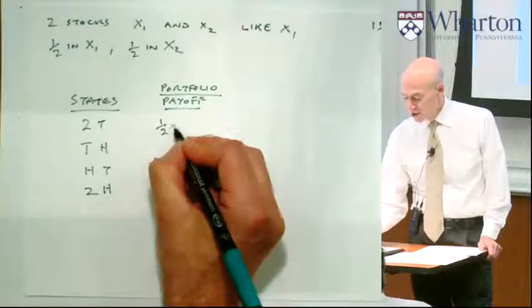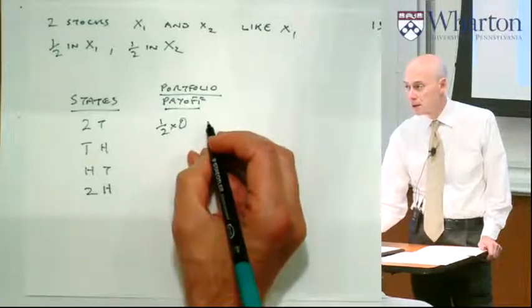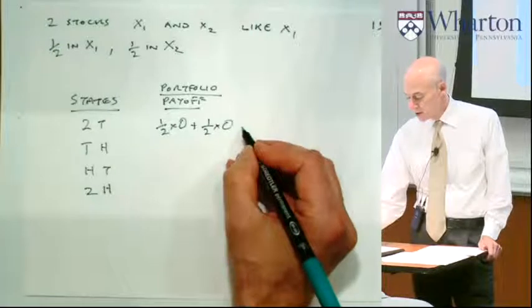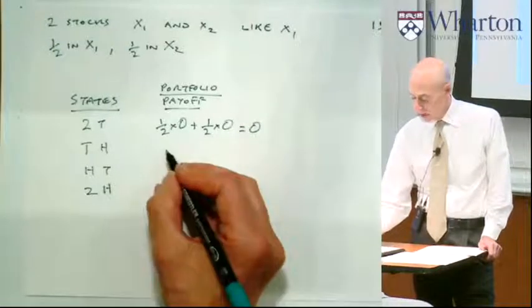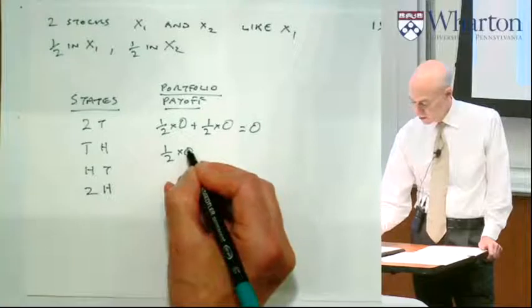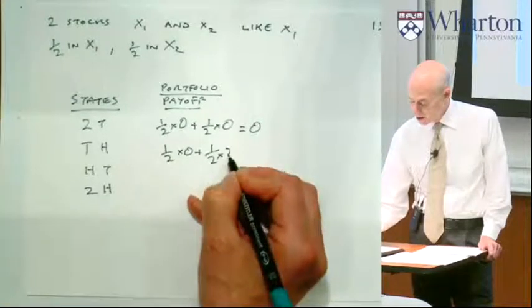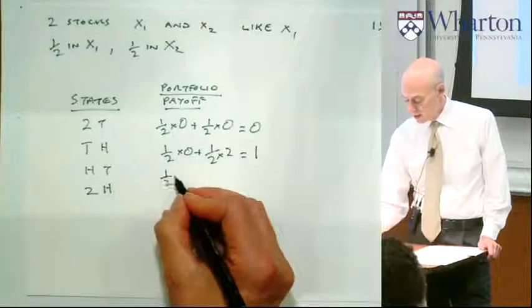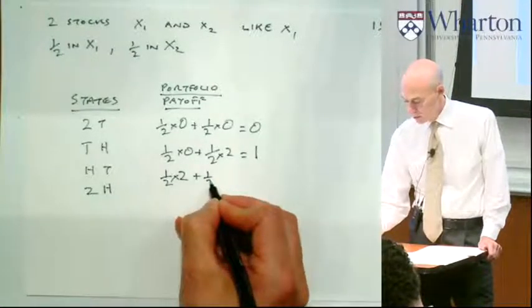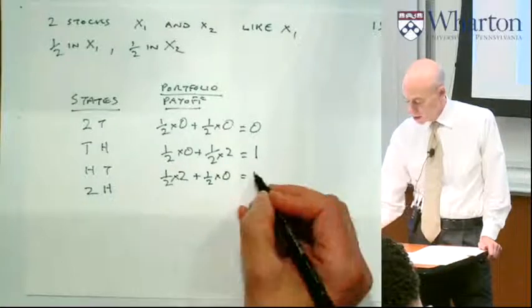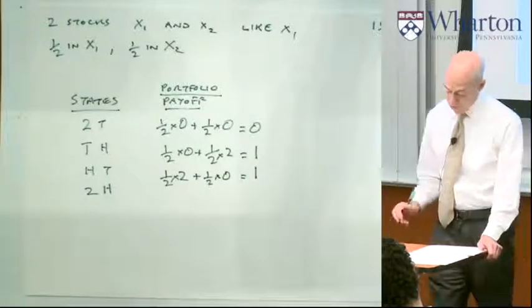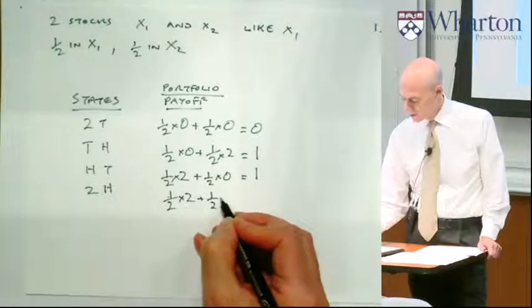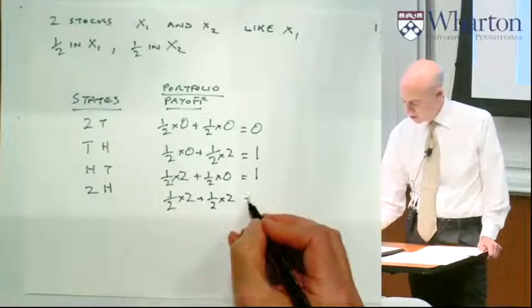You get two tails, you get how much? 0, so we multiply half times 0 plus half times 0, which is 0. Tail head is a half times 0 plus half times 2, which is 1. Head tail is the other way around, half times 2 plus a half times 0, which is 1. And two heads is a half times 2 plus a half times 2, which is 2.